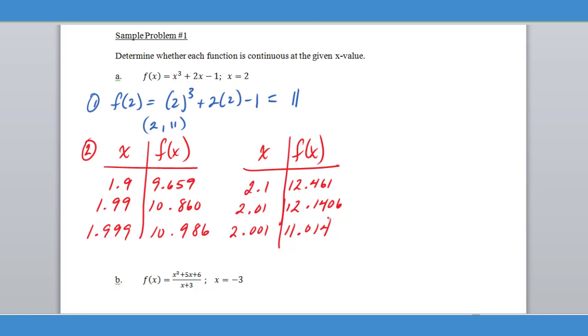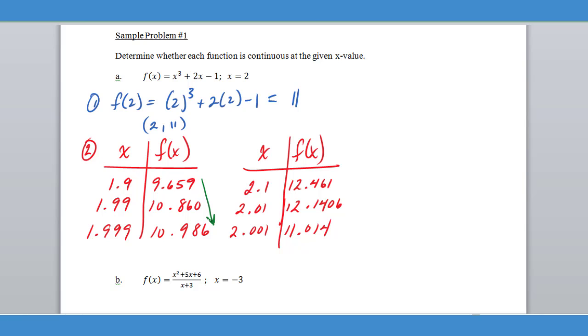Once these tables are completed, what we should see is that the output values from both sets of tables, as we go from 1.9 to 1.99 and get closer and closer to 2, seem to approach 11 from this side.